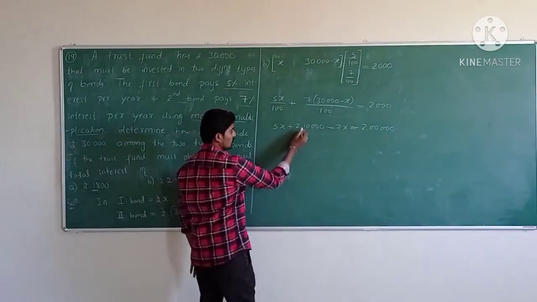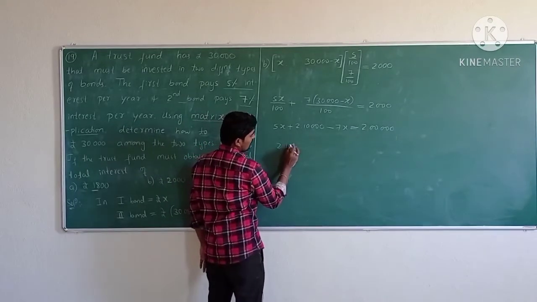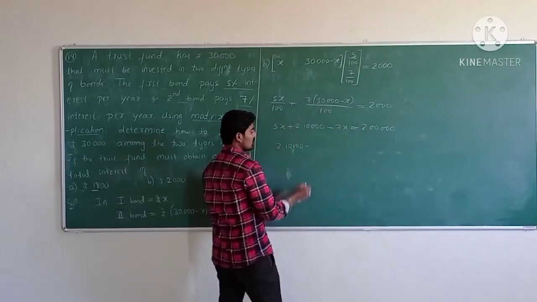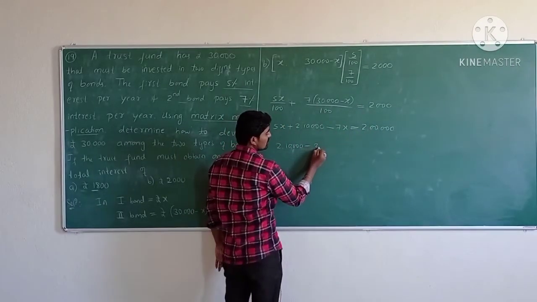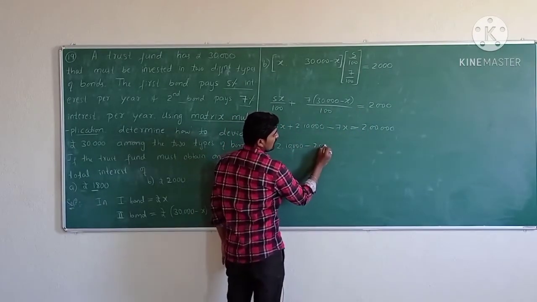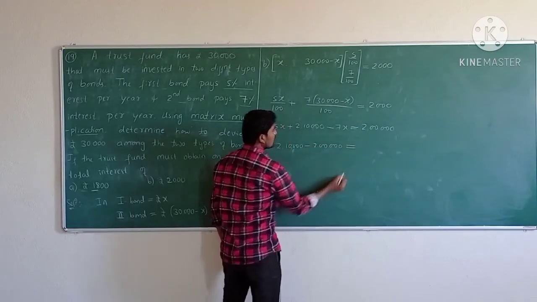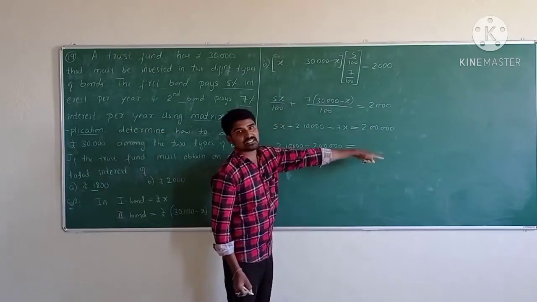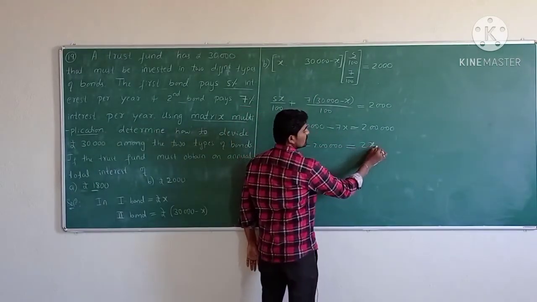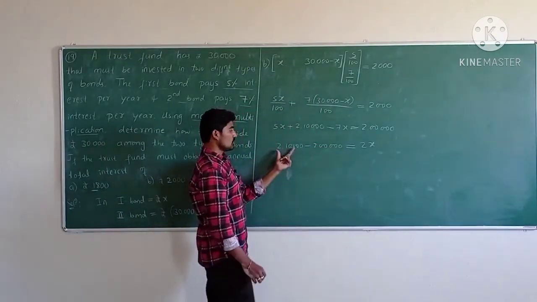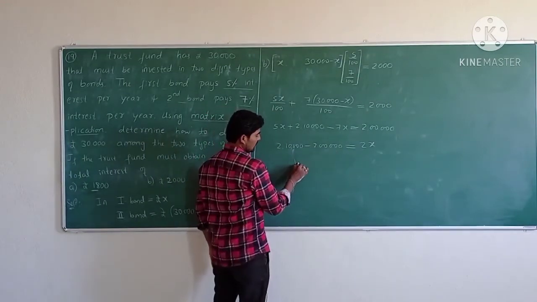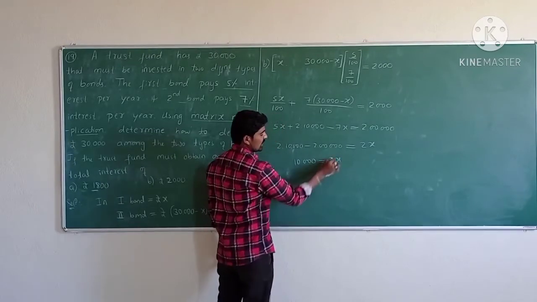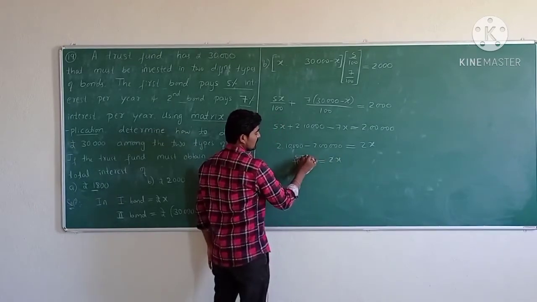Now 2,10,000 minus 2 lakh, shifting it to the other side as plus 2 lakh, is equal to 5x minus 7x, which is minus 2x, and that equals 2x. So 2,10,000 minus 2 lakh is 10,000, which is equal to 2x. Again, half of that is 5,000.